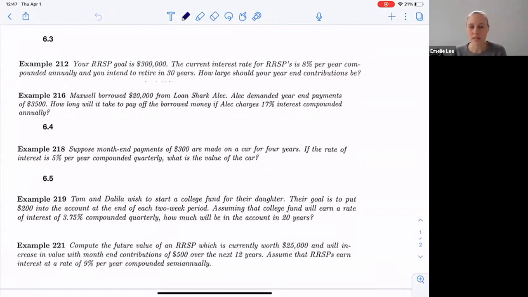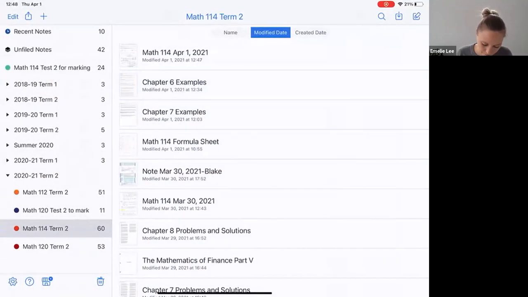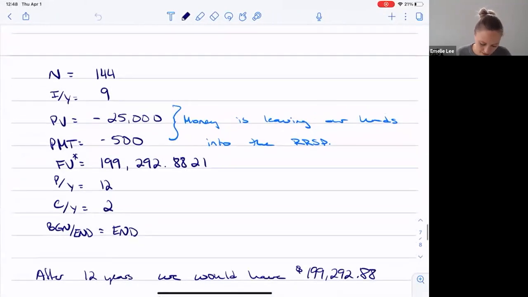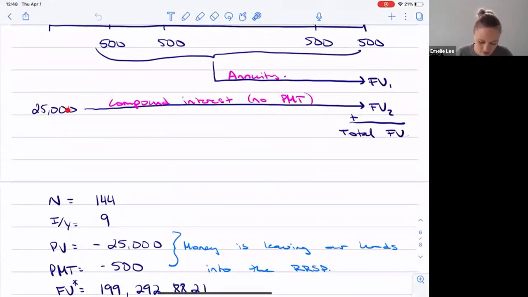And so you can solve all these problems using the calculator just to get some practice. All right, so next day we're going to start chapter 7, which is just when payments are at the beginning of the payment period. The beauty of the calculator is that we don't need to deal with this mess, because that would be a lot of hand calculations, right?